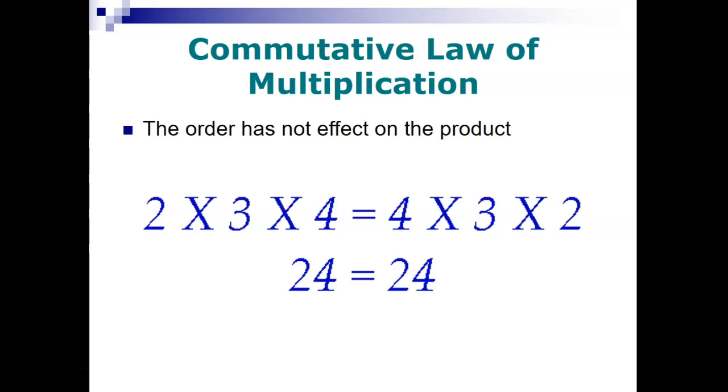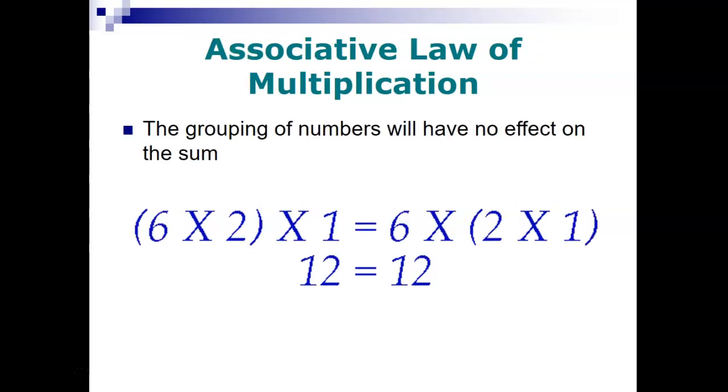So again, commutative law and associative laws, all they mean is that as long as there is nothing but a multiplication sign, it doesn't matter which order you do it in, it's all the same. Does that make sense? Doesn't matter how I stack the numbers, group the numbers, nothing. As long as they're just multiplying, it doesn't matter the order I do it in, you will still have the same answer.